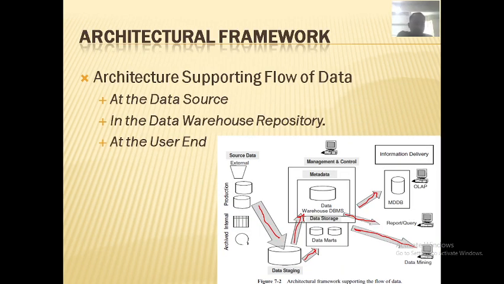Once we look at the source level, how the data will be flowing: here the internal and external data sources form the source data. These are the various sources of data.